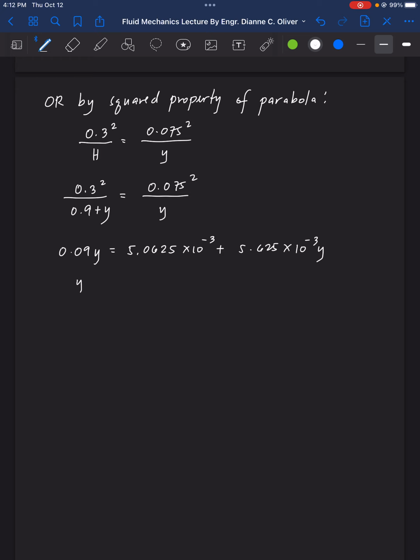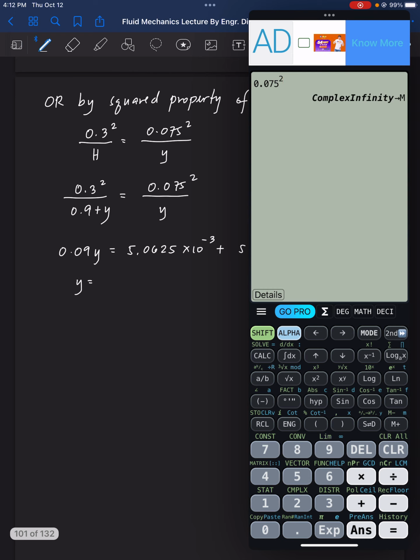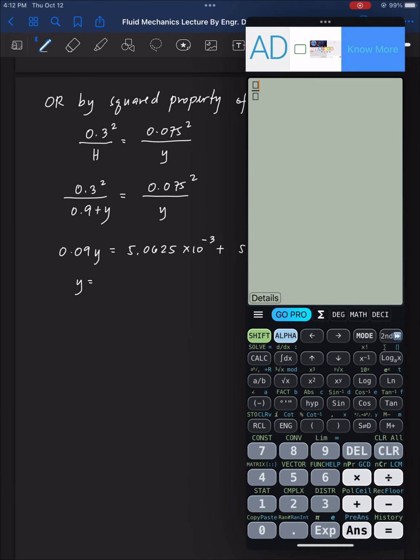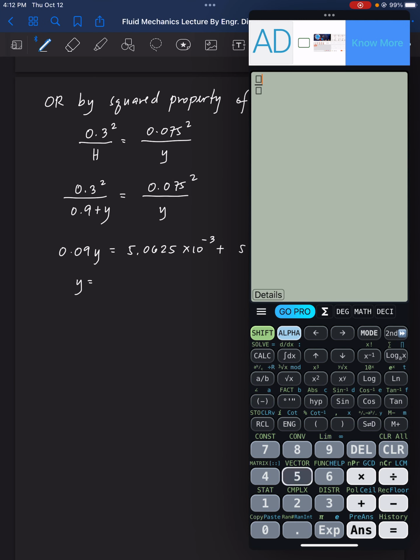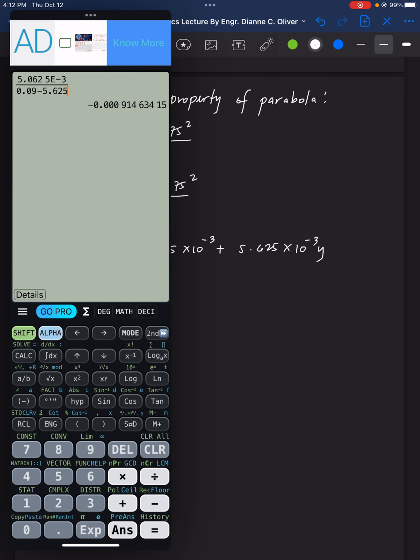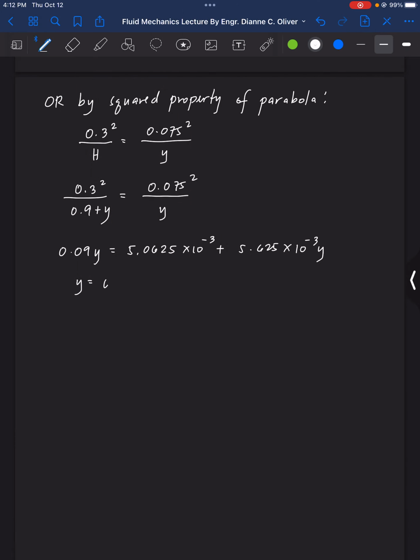So we now have the value for y equal to 5.0625 times 10 raised to negative 3 divided by 0.09 minus 5.625 times 10 raised to negative 3. So y is 0.06 meter. So we now have the value for y.